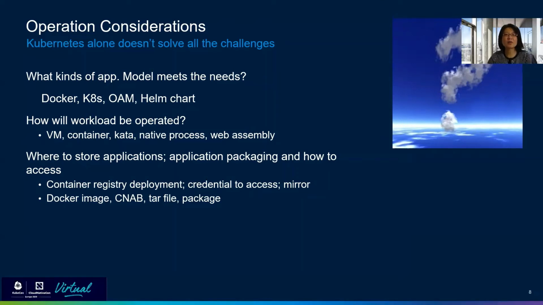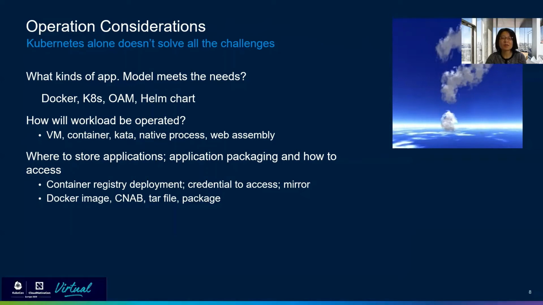Now, how about the application itself? How will workload be operated? It can run as a VM, Kata container, Docker, native process, or WebAssembly. Some legacy applications cannot be containerized or are really hard to containerize.